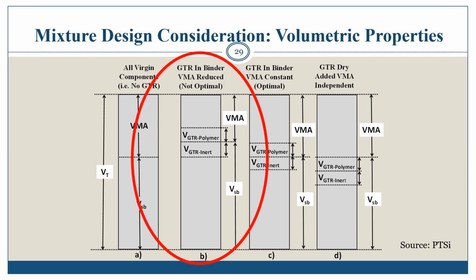Remember earlier we discussed that GTR is a two-component material with about 30 to 40% functional polymer and about 60 to 70% inert material. For the purpose of this discussion, in figure B, half of the GTR volume can be considered as functional polymer, and the remainder will be considered as inert. So we've got a 50-50 block of material there, if you will.